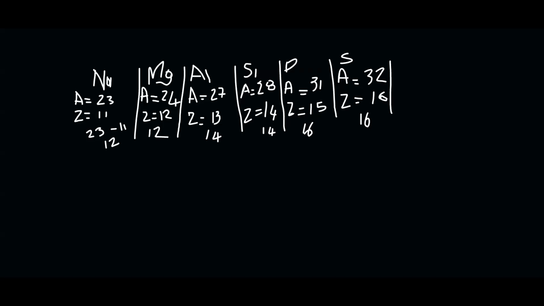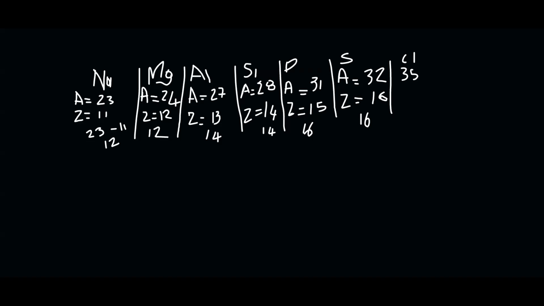Chlorine. Now, in some books, as I mentioned, you see 35.5, but in nature you're not going to have half an element existing most of the time, right? So even though in some periodic tables you'll see 35.5, you would work with 35.